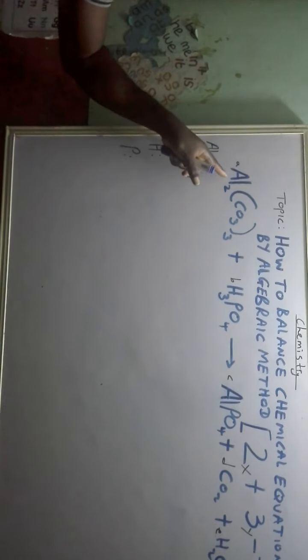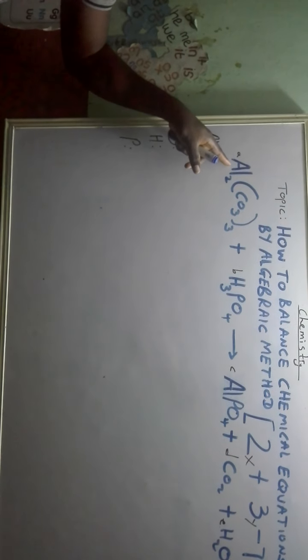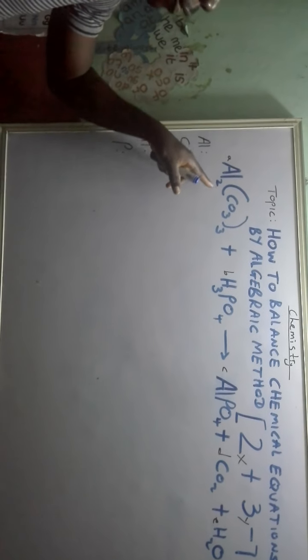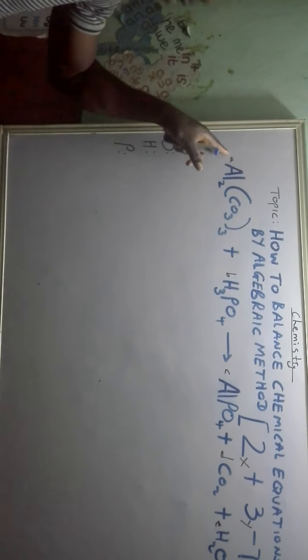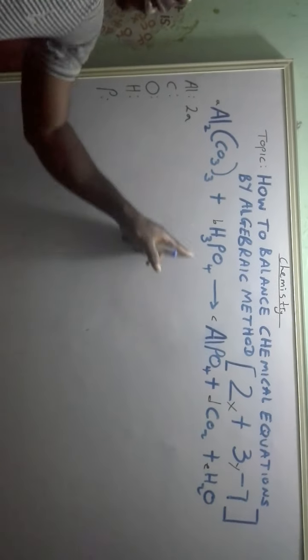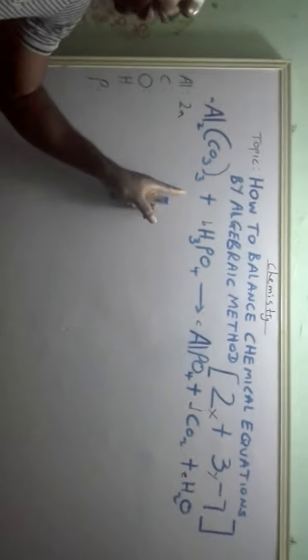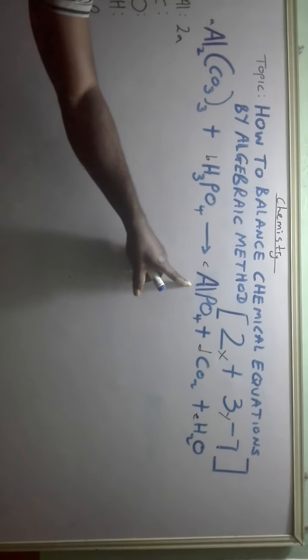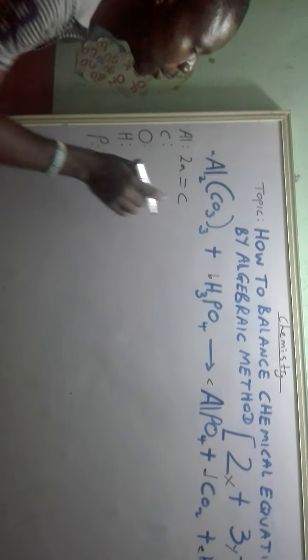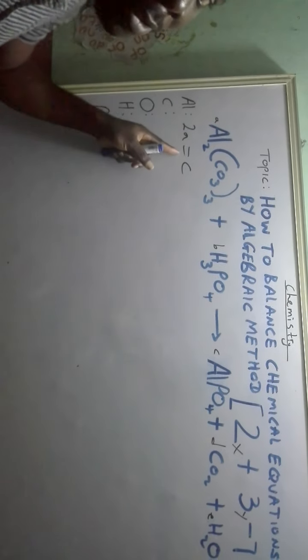Now you go to compound A. In the first compound, we have 2 atoms of aluminium. So you multiply the subscript with A, so you have 2A. Now in the reactant side, we don't have any aluminium again. So you move to the product side, which is 1. You multiply 1 times C, which is equal to C.